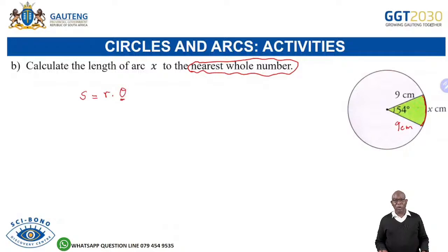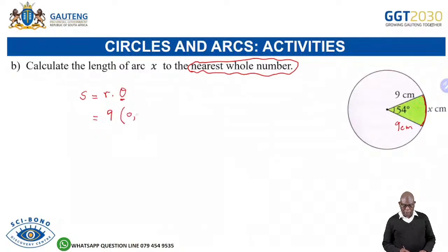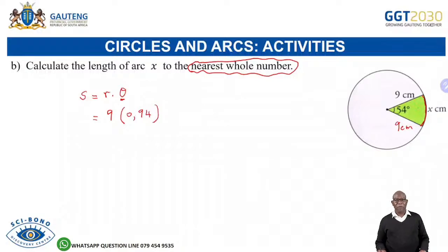What is the first thing that you need to do? Change it to radians. Then you can substitute. So in this case, it's already done for me. So the radius, I know it's 9. I'm multiplying it by 0.94 radians. I know it's in radians now. If it's not in radians, I must then change it to radians. Okay, so now I'm going to multiply that.